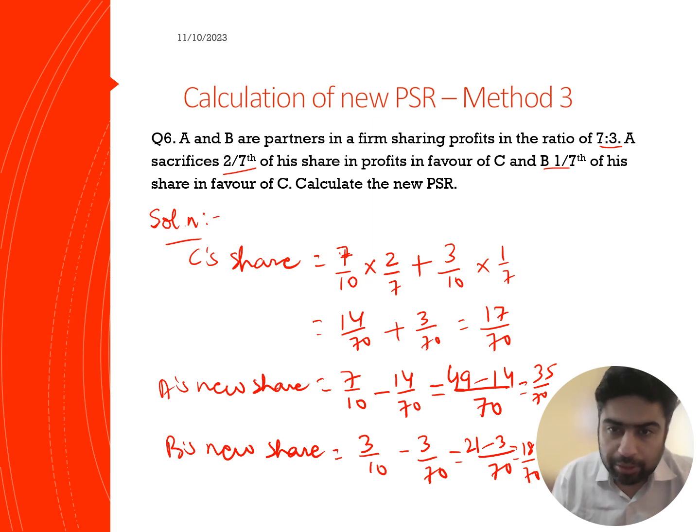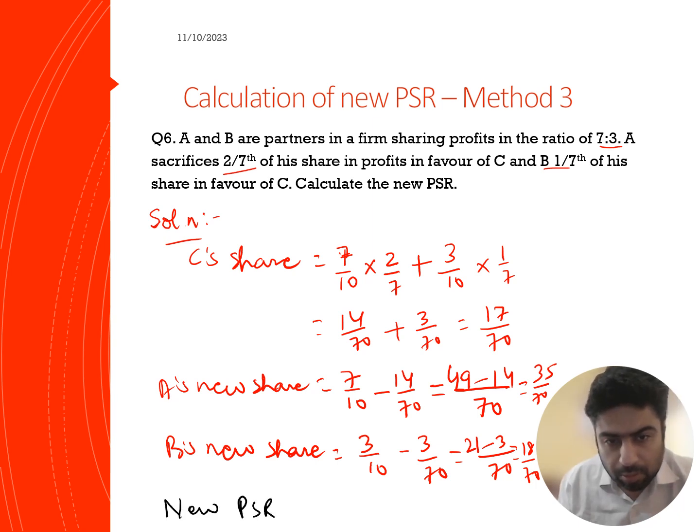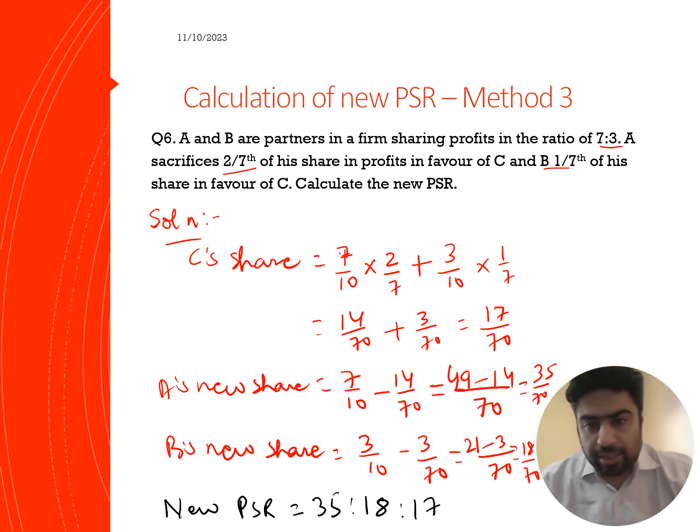C's share we already know, so the new PSR will be equal to 35:18:17. That's it. So that's it for today.